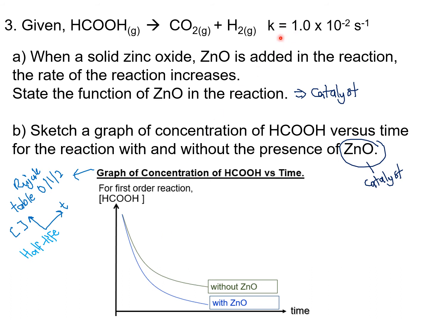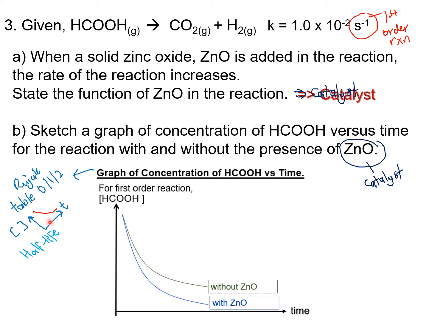Sebab you look at your rate constant punya unit. When you look at your rate constant punya unit, you will notice that unit yang digunakan ialah per second. Okay, so kalau unit per second ni, bermaksud it is a first order reaction. Okay, so kalau first order reaction, for graph of concentration versus time untuk first order reaction, it's gonna be melengkung macam tu kan, and then half-life dia must be constant.